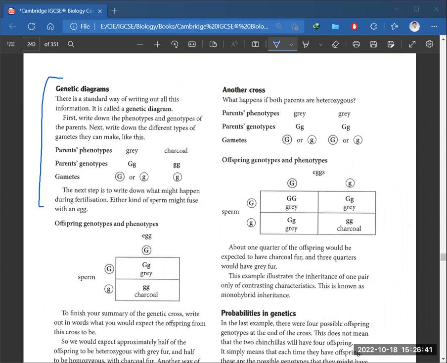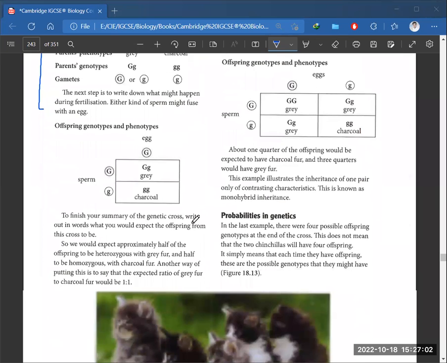Next, write down the types of gametes they can make. Parents' phenotypes: gray, charcoal. Genotypes: capital G, small g; charcoal, small g. Gametes: capital G or small g, and charcoal G. The next step is to write down.